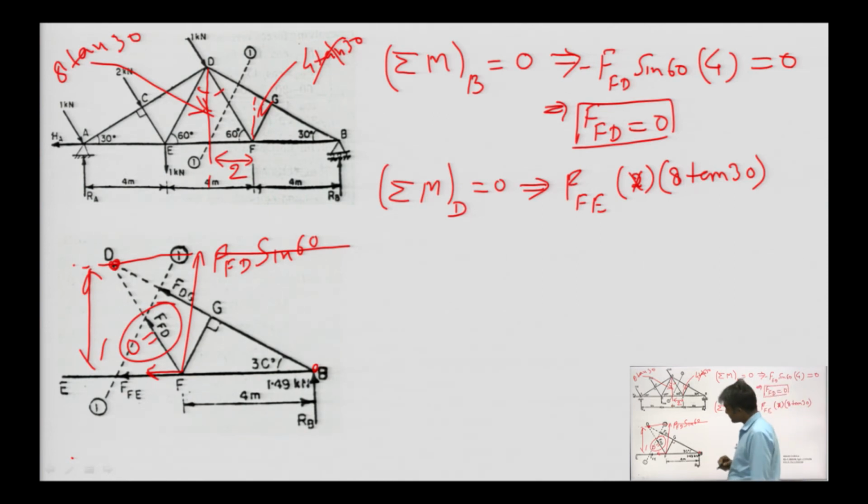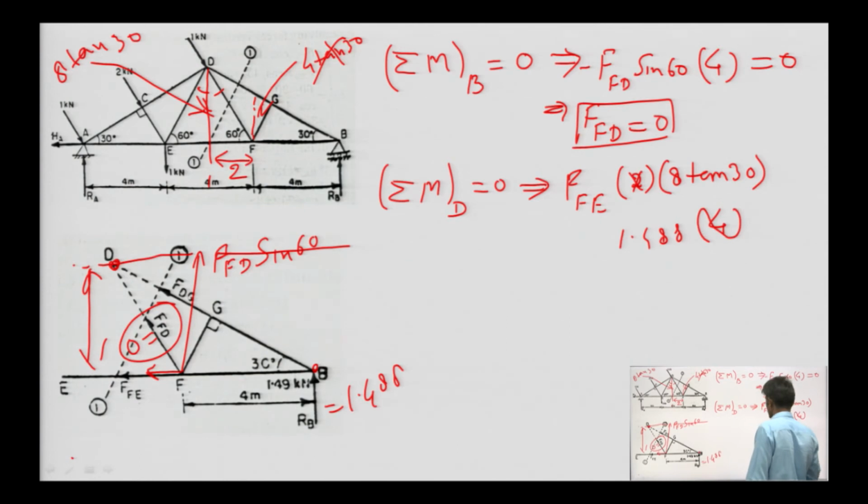Okay. The direction is clockwise, and the other force is this R_B. We have calculated R_B as 1.488. So, 1.488 into the perpendicular distance, which is 4, equals 0. This one is clockwise and R_B is anti-clockwise, so it is positive.